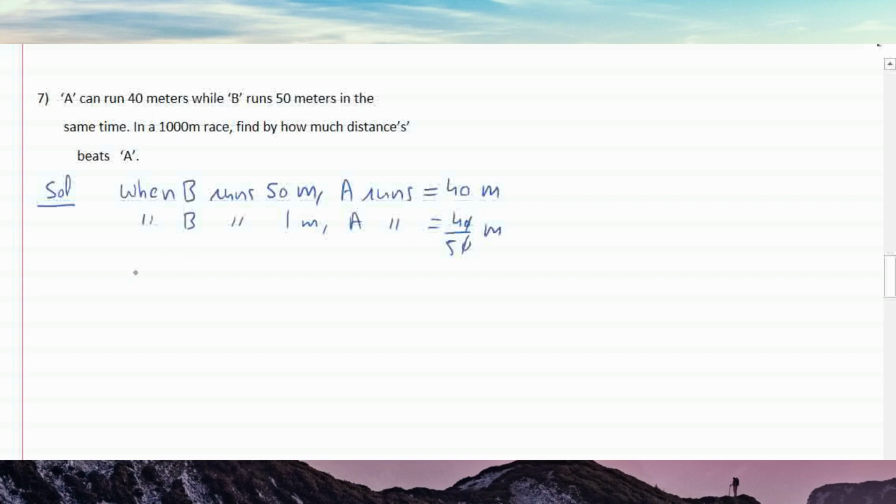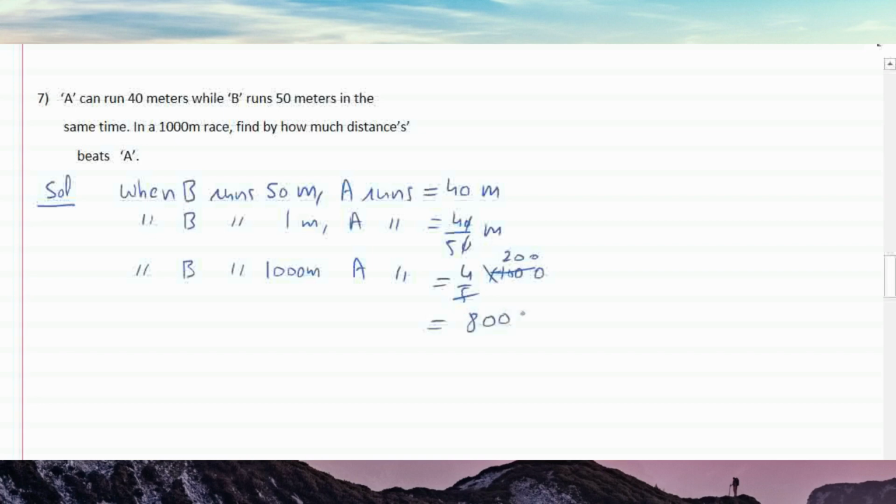Now when B runs, we are taking here now 1000 meter, then A runs 4 upon 5 into 1000, right? So now if you just simplify it, we are getting here 800 meter, children, right?